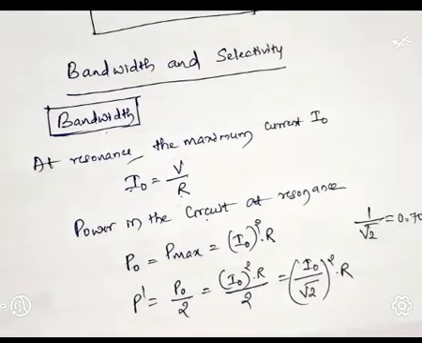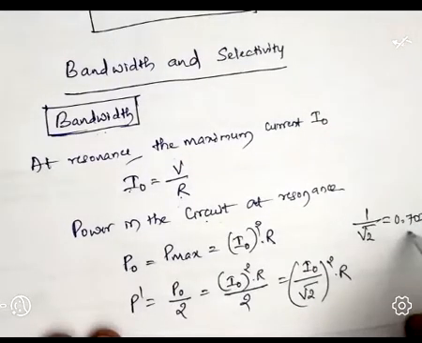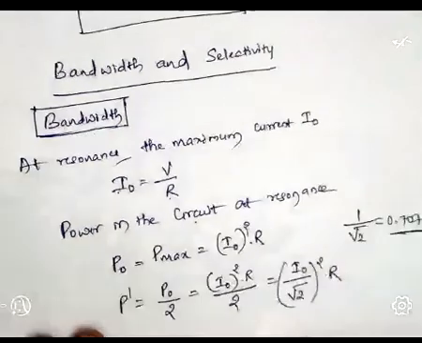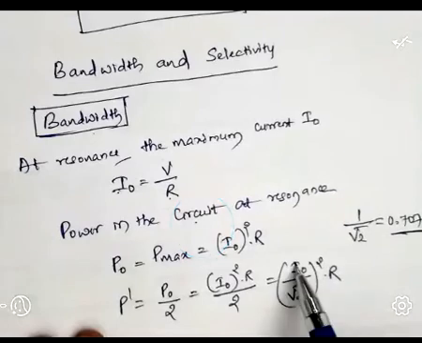Hence, we can tell at the frequencies where the power in the circuit is half of its maximum value, current becomes 0.707 times of its maximum value.